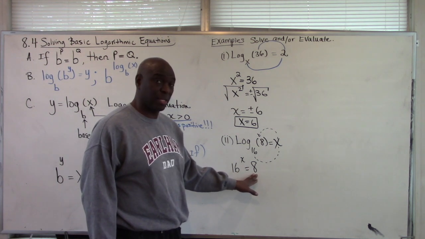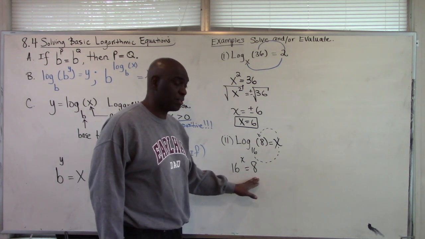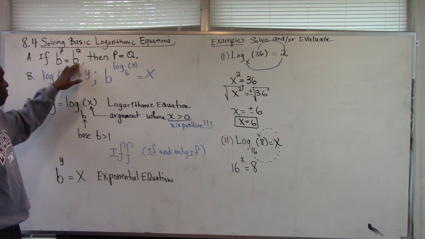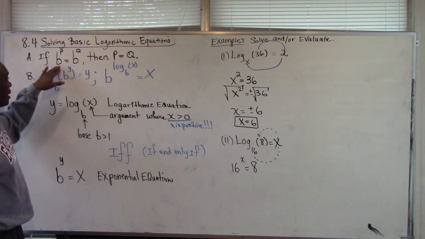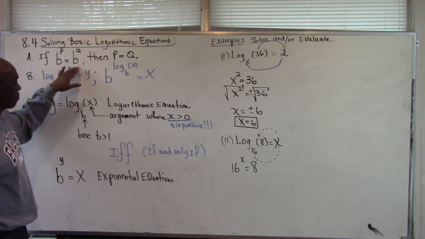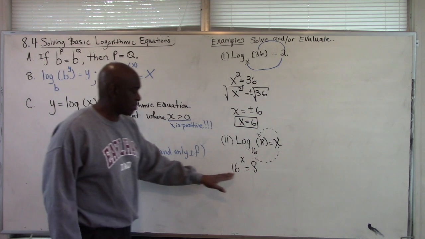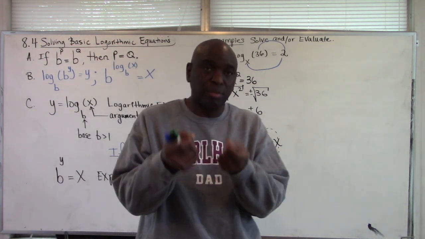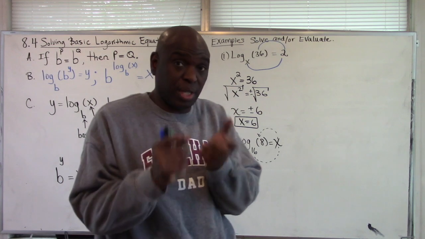You see that? 16 and 8. Well, the B and the B has to be the same. The bases have to be the same. B, B, right? The bases are not the same. This is 16, this is 8. So why don't you break the bases down until they're the same.